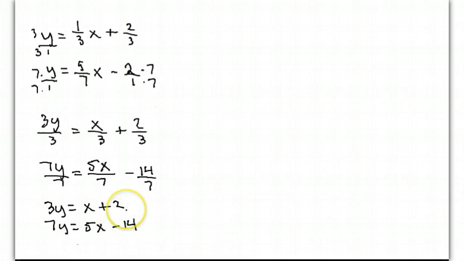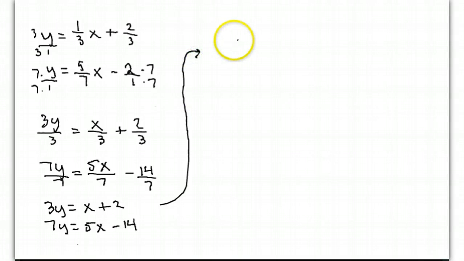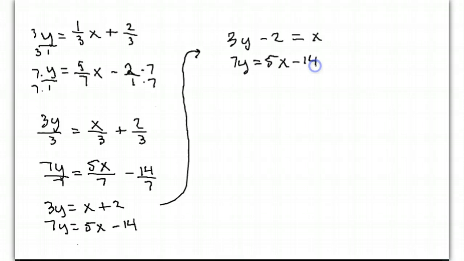And we're still in the substitution phase, so what I'm going to do is bring this 2 on the 3y equal x plus 2 to the other side. And so what that's going to give me is 3y minus 2 equal x, and then just rewrite the other equation, which is 7y equal 5x minus 14.